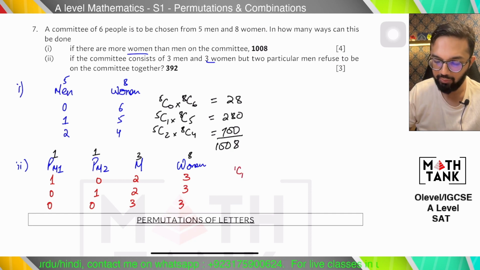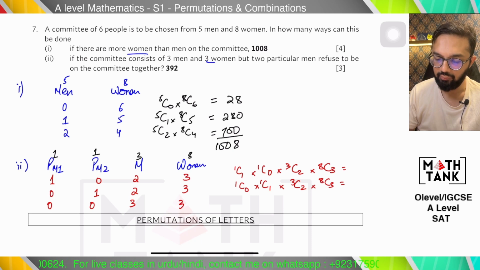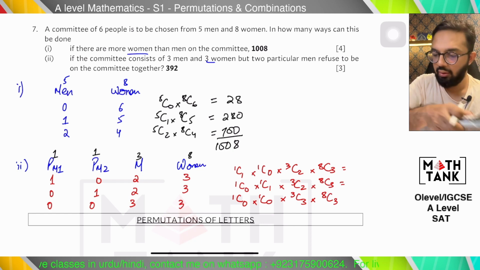Okay. So what do I get? I get 1C1 into 1C0 into 3C2 into 8C3. Okay. 1C0, 1C1. It honestly doesn't matter if you write 1C0 or not because it's going to be 1. Okay.